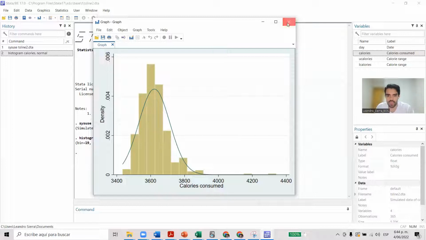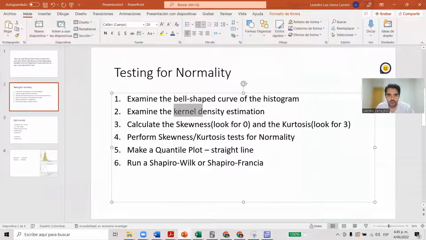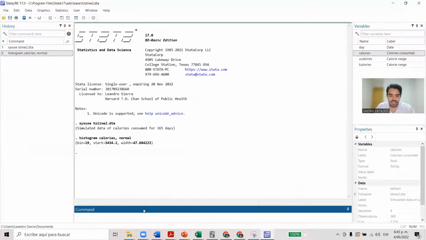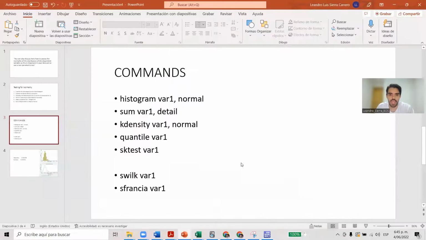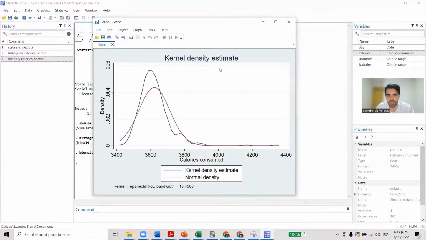So now what you can do is a kernel density estimation. That is another graphic test. We can use kdensity, we use this variable, and we write the word normal. Here in the kernel density estimate, I think I was right, this data set is not normally distributed because there is a positive skewness.